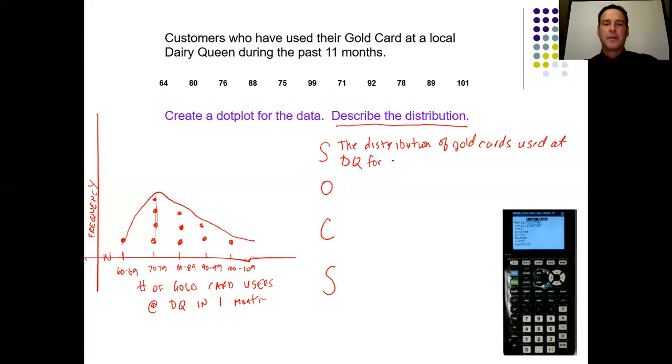For any month is skewed, and you may even say slightly. I don't know. There's not a lot of data, so there's, okay, toward. Okay, and remember we always go to the tail. Okay, so your tail is out this way, higher values.